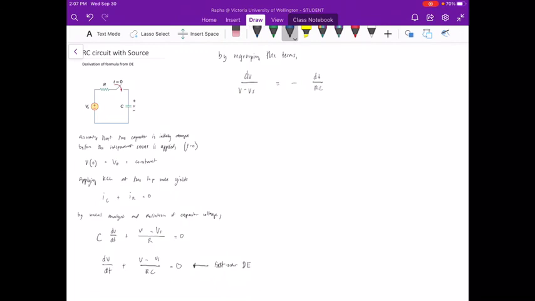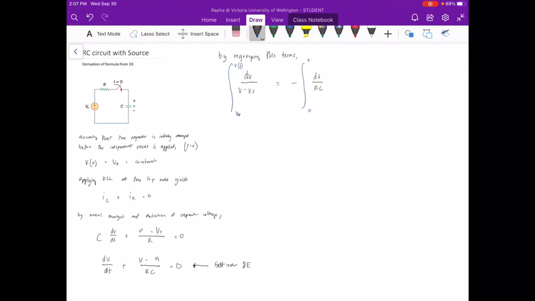So we will now integrate it, but this time we will have limits. We have the integration for the left side from Vo to V(t). Then for the integration in terms of time, we have to start from 0 to an arbitrary value of t.